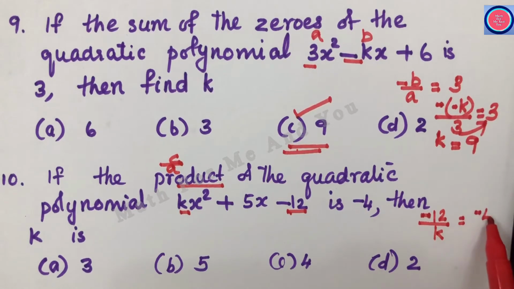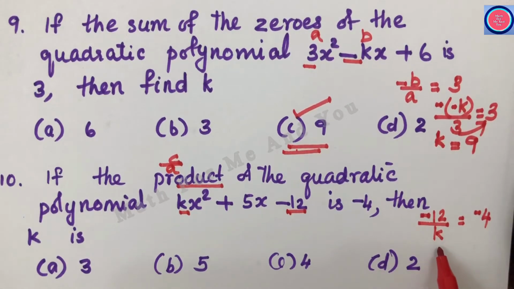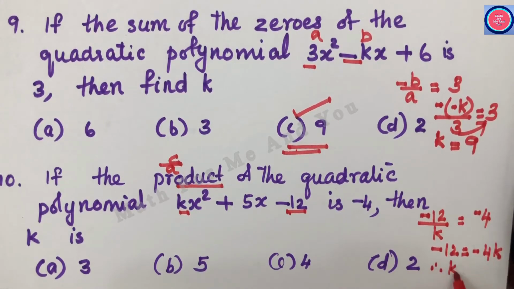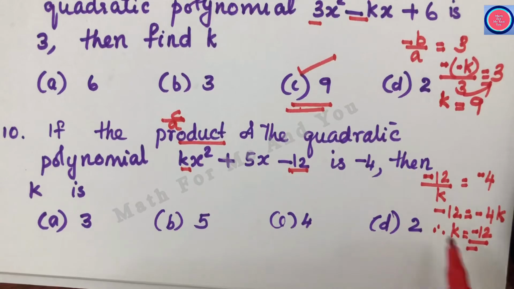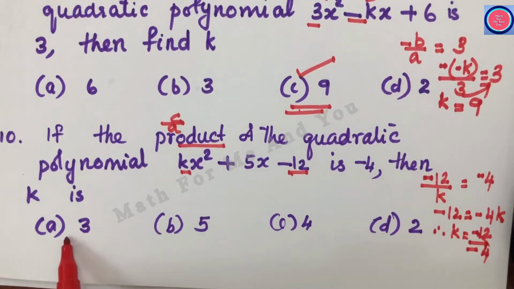So we can write it is equal to minus 4. Cross multiply we get minus 12 equals minus 4 times k or minus 4k. Therefore k is equal to minus 12 divided by minus 4. Negative by negative is positive. So we can write 12 divided by 4 is equal to 3. So the answer is option A, 3.